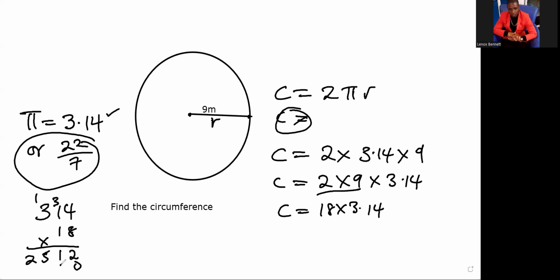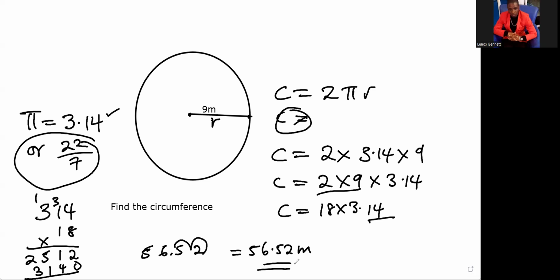So 144, 111, 133. Now add: 0 plus 2 is 2, 4 plus 1 is 5, 5 plus 1 is 6, and that's 5. But we started with 2 decimal places, so we must end with a total of 2 decimal places. So that's 56.52 meters.